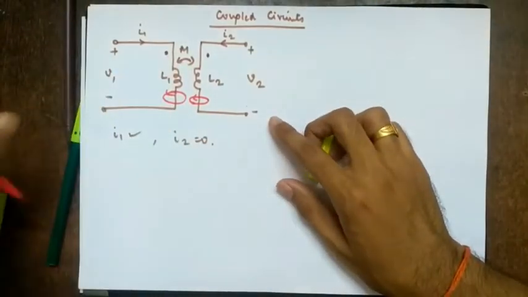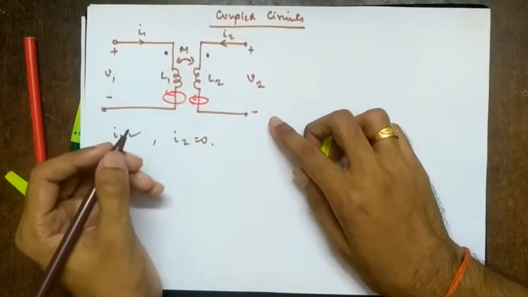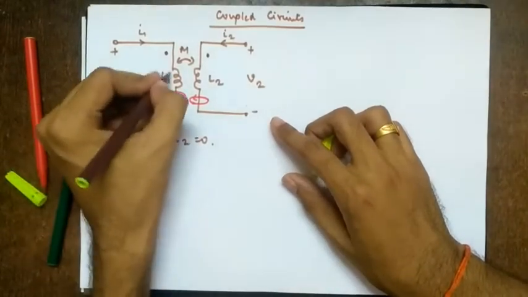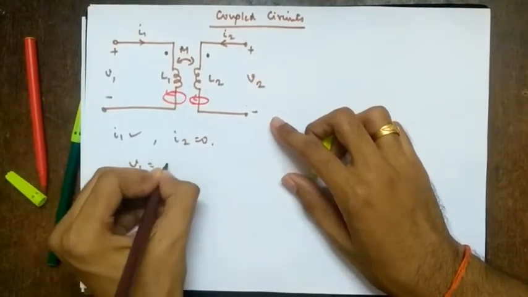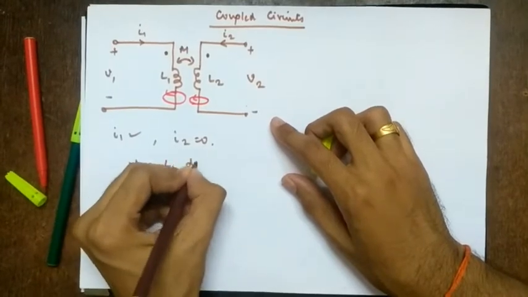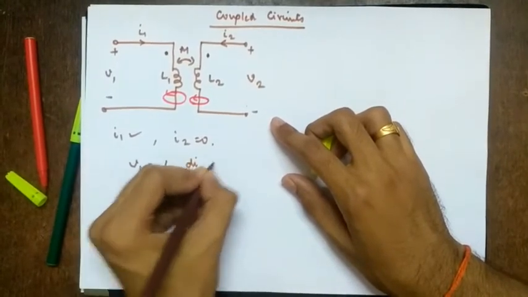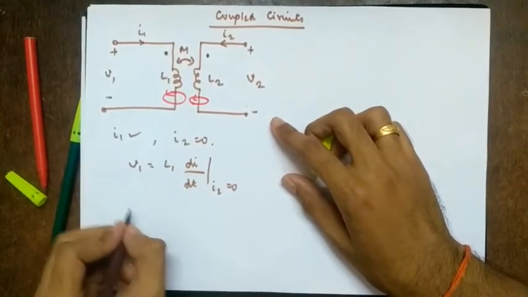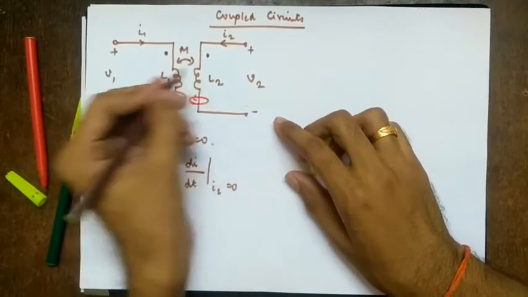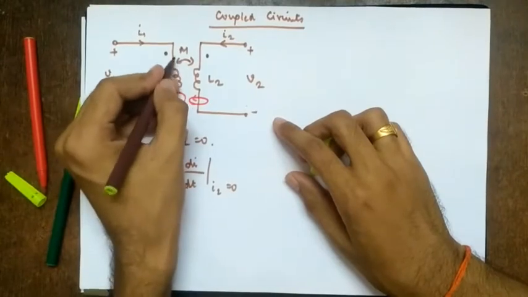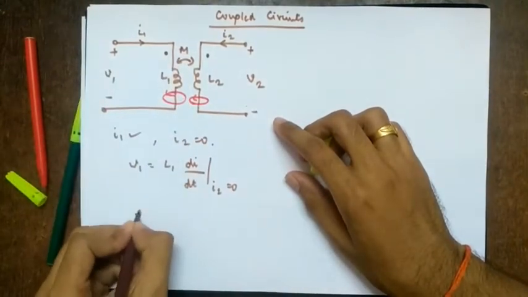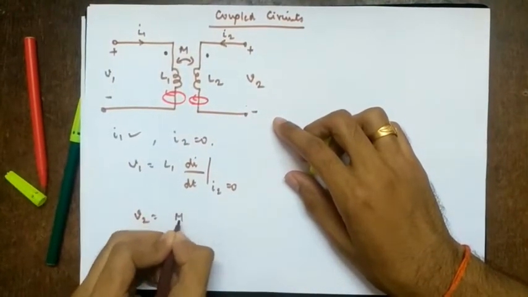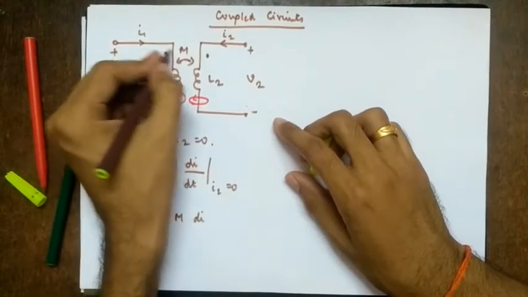Before that, we write the voltage V1 in the first coil. For an inductor, V is what? L di by dt. So V1 is L1 di1 by dt for I2 equal to 0. Similarly, the voltage induced in the second coil will be due to this mutual inductance. V2 will be M di1 by dt at I2 equal to 0, and it is due to the first current only, remember.